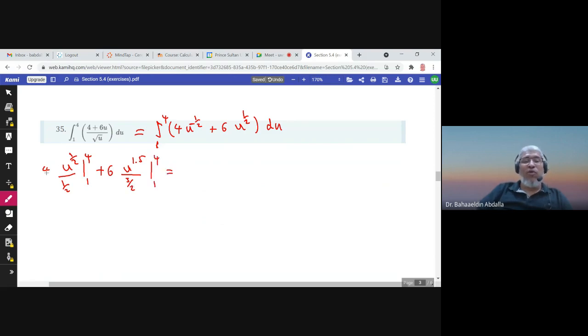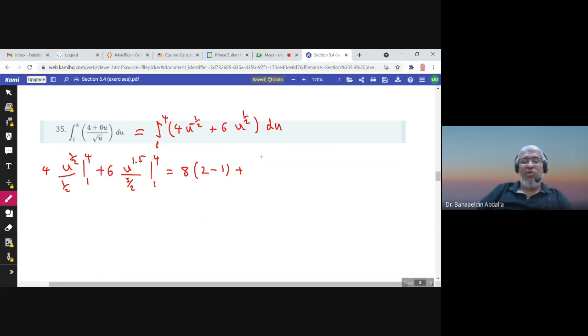So 4 divided by half would be 4 multiplied by 2, so it would be 8. And u to the power half from 4 to 1. So 4 to the power half, which is 2, minus 1 to the power half, which is 1, plus 6 over 3 over 2 would be 6 times 2 over 3.